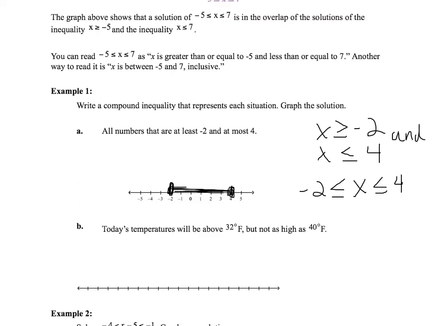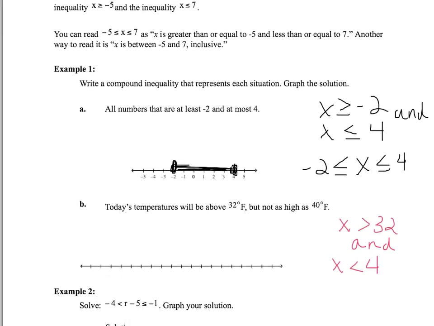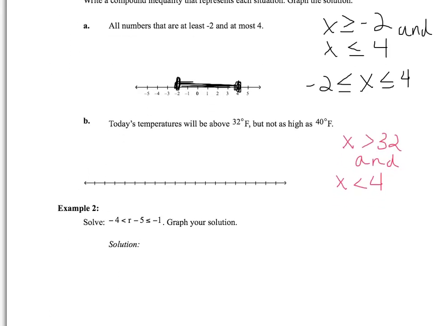So all of these numbers in between can be the value of x. The next one: today's temperature will be above 32 degrees, but not as high as 40. So x is going to be above 32, so it's greater than 32, and it's not going to be as high as 40, so it's less than 40. Again, remember that we can write this another way where x is in the center. So x is less than 40, but it's also greater than 32.